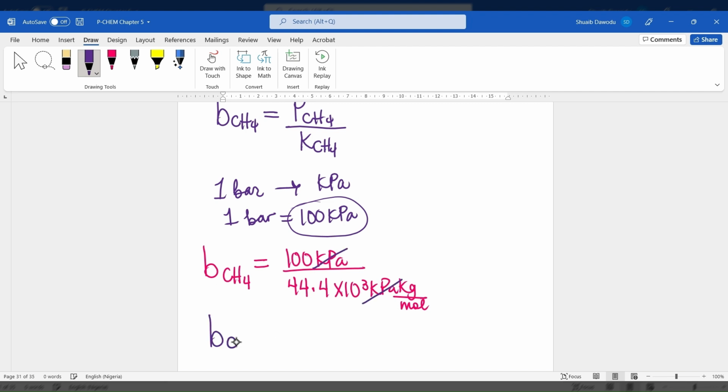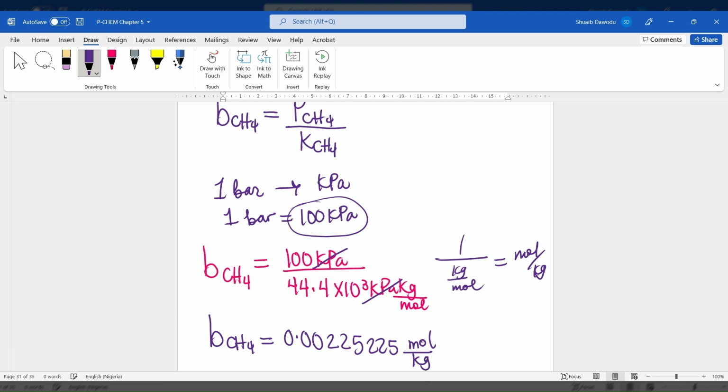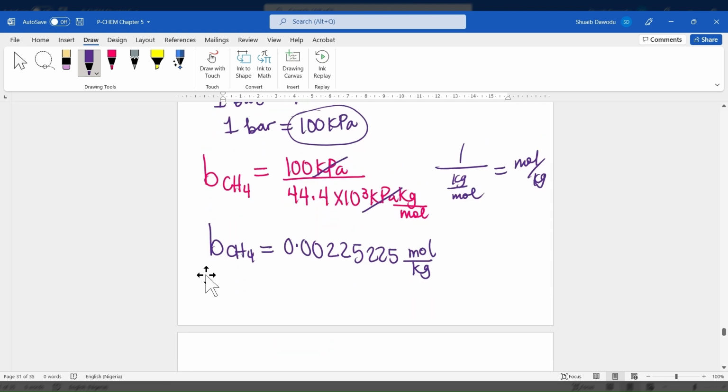So B sub CH4 is just simply 100 divided by 44.4 times 10 to the power of 3, which is 0.002252225. So you now have 1 over kilogram per mole, which is the same thing as mole per kilogram. So 0.002252225 is just simply going to have the unit mole per kilogram. So that's basically the value for the molality.